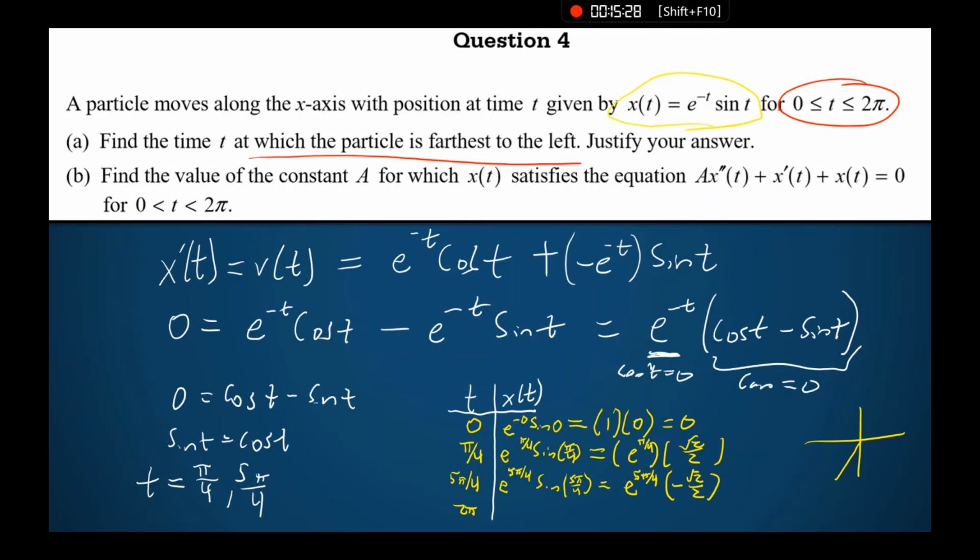And if I plug in 2 pi, this will be e to the 2 pi times the sine at 2 pi. Or e to the 2 pi times what? What is the sine at 2 pi? 0.